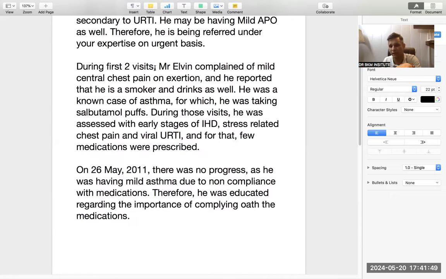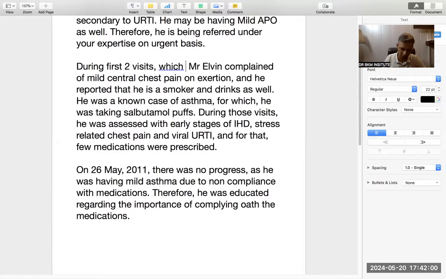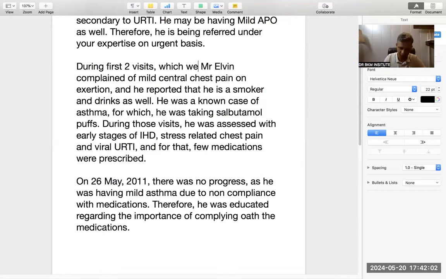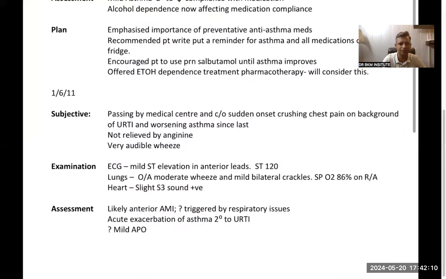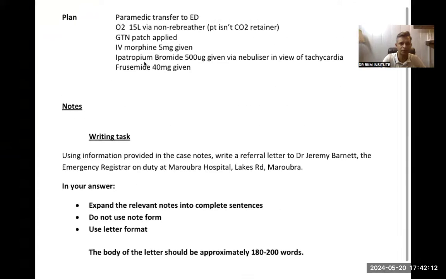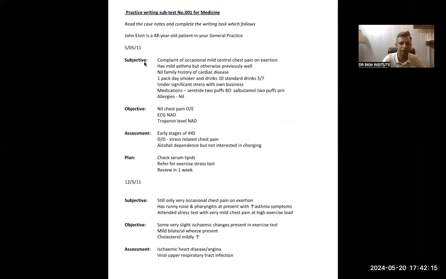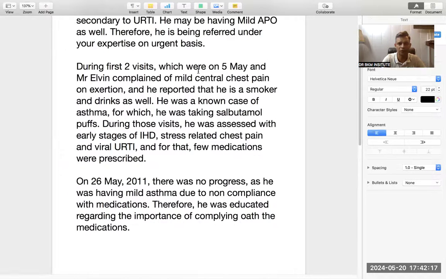So in this, only one thing I have visited. On the first 2 visits, I should write the visits which were on 5th May and 12th May, respectively.